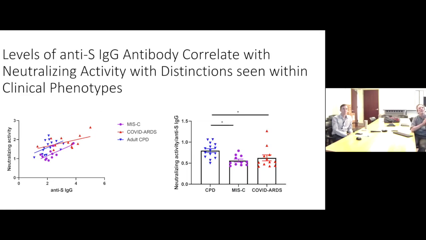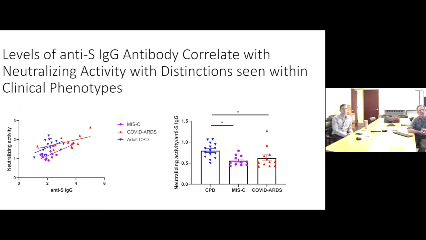So one question that people have about antibody levels and neutralization activity is how do they correlate with one another? So as you can see on the left here, overall, if you correlate the neutralizing activity with the anti-S IgG levels across the entire cohort of patients, there is a clear positive correlation between anti-S IgG and neutralizing activity.